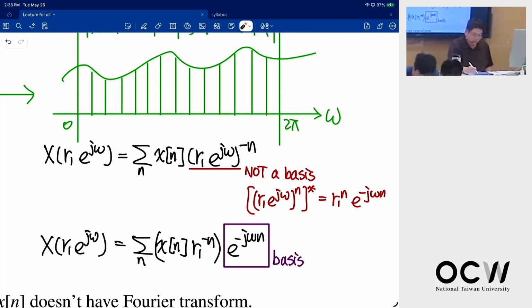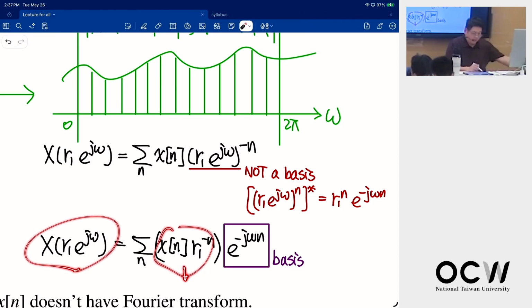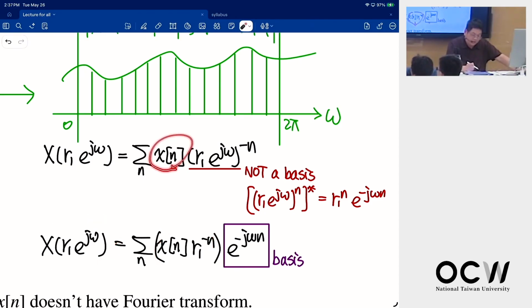Which means this is the basis. If I want to get this coefficient, your function in the product with your basis. But here I cannot find this x[n], the coefficient, using this, because this is not the basis.